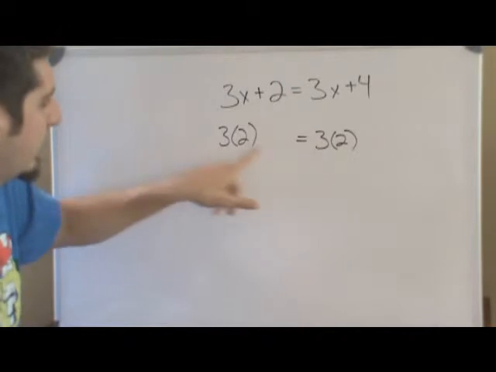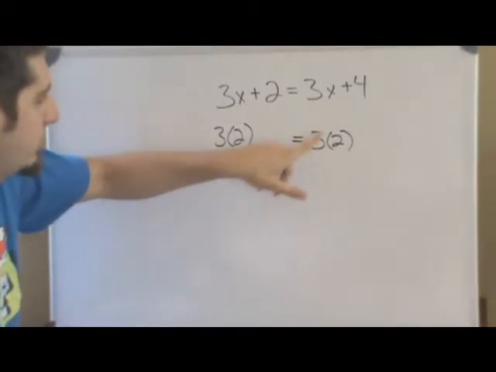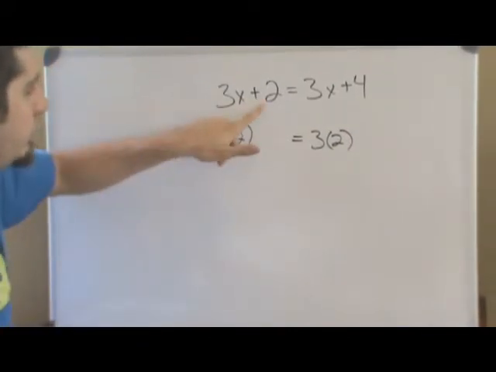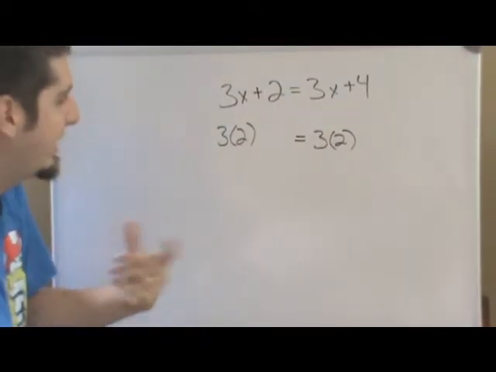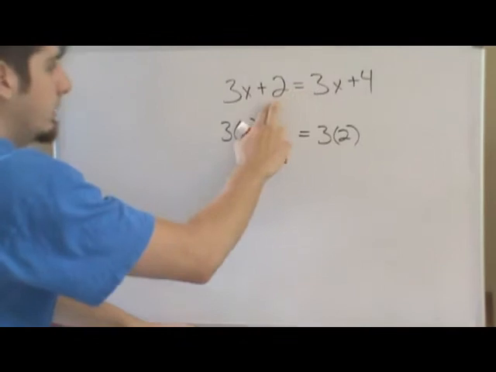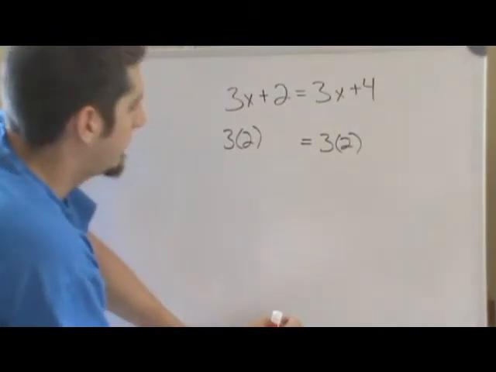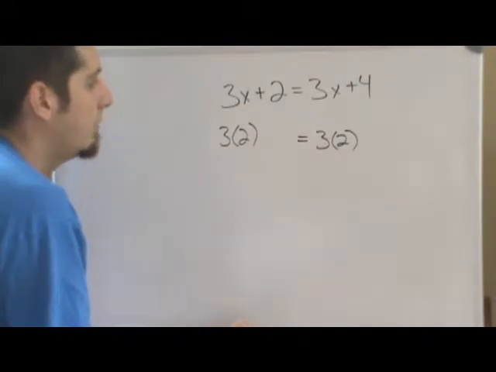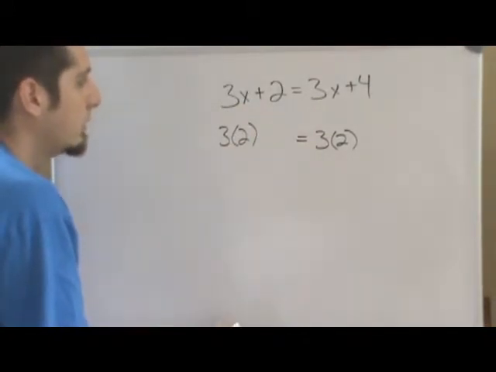So I'm going to end up getting the same answer, no matter what. I'm going to get 6 in place of 3x on the left and the right side. And 6 plus 2 is 8, 6 plus 4 is 10. Because this number is different for both of these, and the variables are exactly the same, I'm not going to be able to get a solution here.